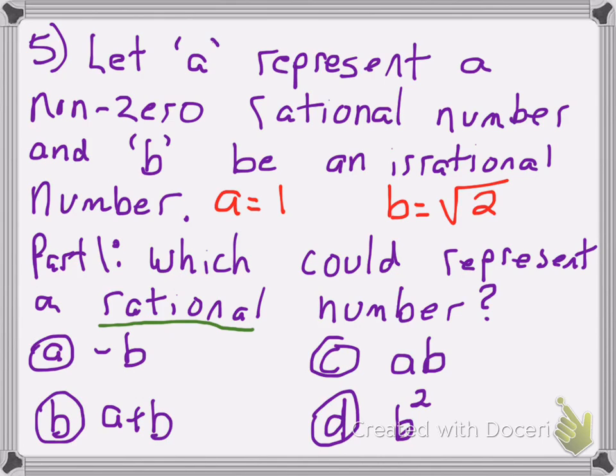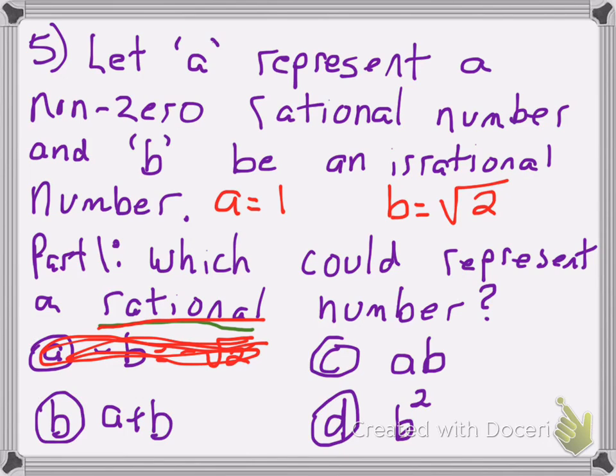I'm telling you this because then you can plug into the answer choices. We're trying to find one that counts. Which expression? If I plug in into this expression, I got negative square root of 2. Now I'm going to do my impression of Family Feud. You can't count negative square root of 2. Ain't going to happen.